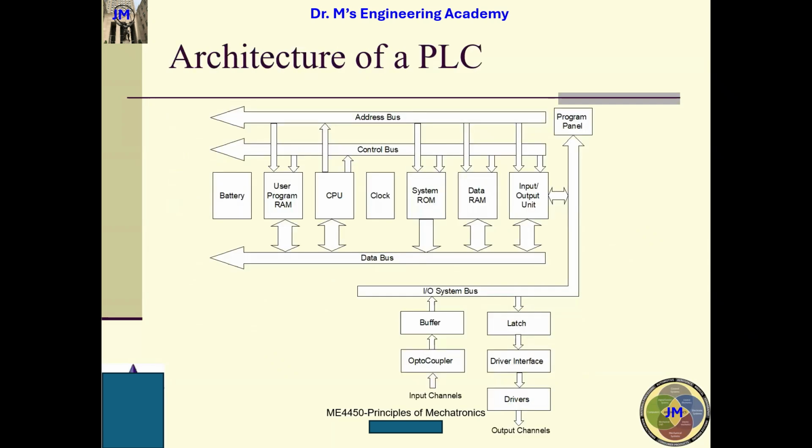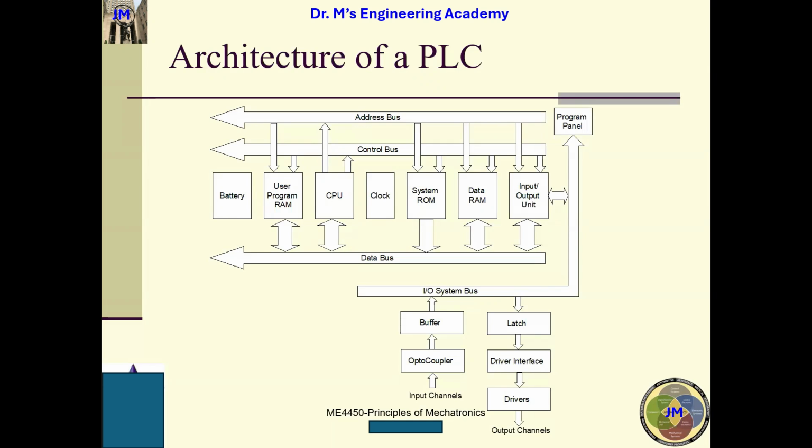So this is the architecture of a PLC. You can just recall what the architecture looks like for a general microcontroller. We can see the program panel, and this is the CPU. We have a clock, which is used to synchronize all these components, and the ROM, data ROM, input and output units, the user program RAM, and the battery.